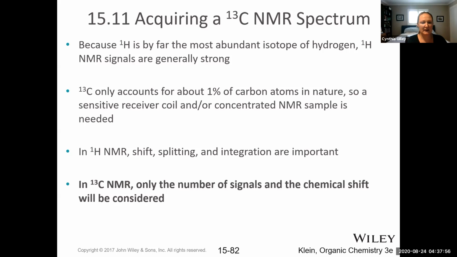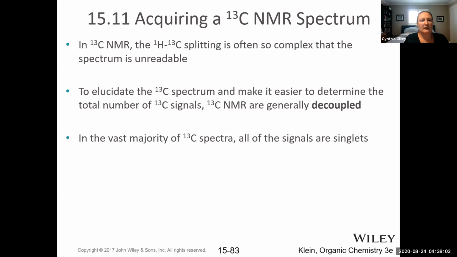And then splitting. We do what's called a decoupling process to avoid seeing splitting. Why do we do that? Basically, if the neighboring hydrogens were splitting the carbon-13 signal, there would be hydrogens attached to the same carbon and hydrogens attached to the neighboring carbon, so there's potentially tons of hydrogens around splitting the carbon signals.